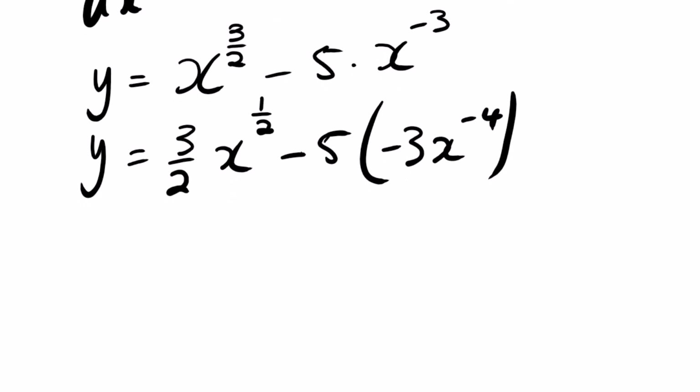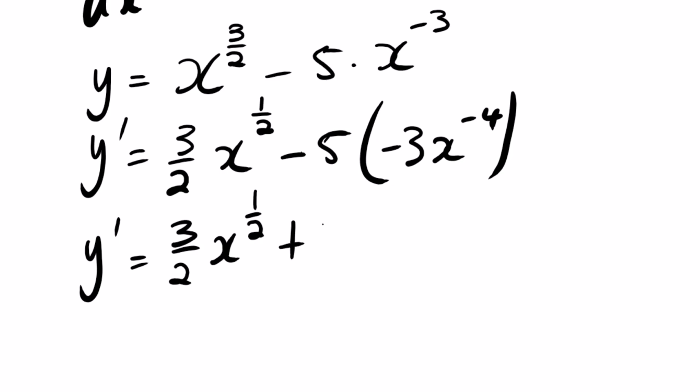Then we simplify this further. Negative 5 multiplied by negative 3 is positive 15 x to the power negative 4.